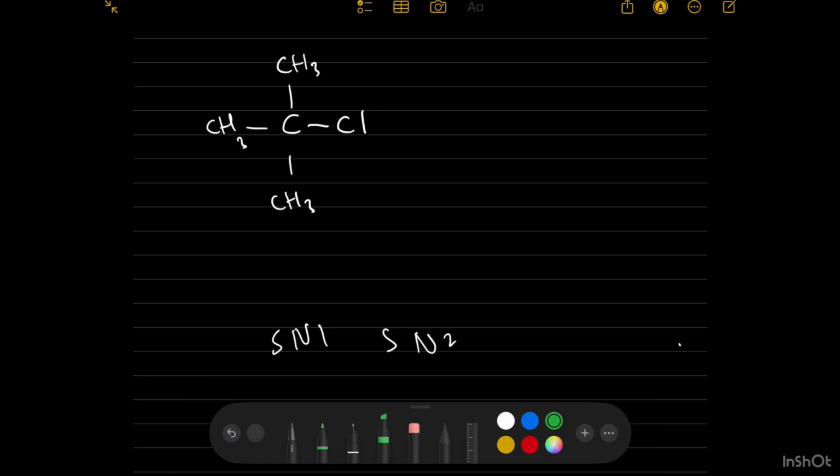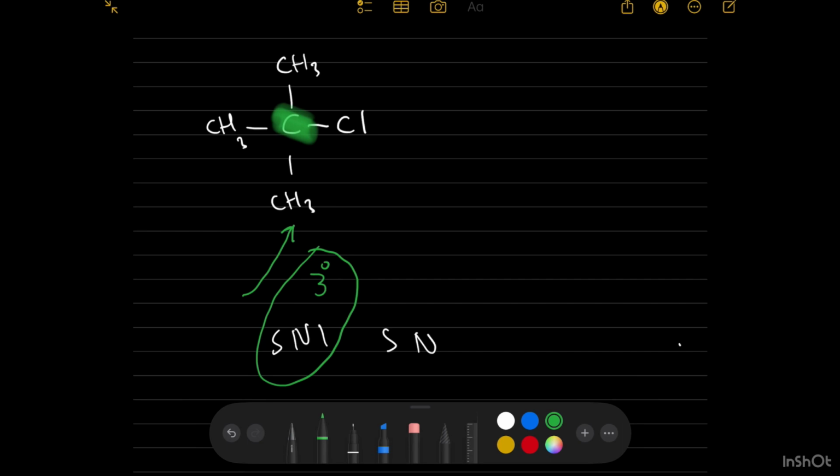You can notice that the carbon bonded to the halogen is bonded to 3 alkyl groups, and since it's surrounded by 3 alkyl groups, the structure of this haloalkane is tertiary. As it's tertiary, it will undergo SN1. The tertiary likes to undergo the SN1 mechanism, always.